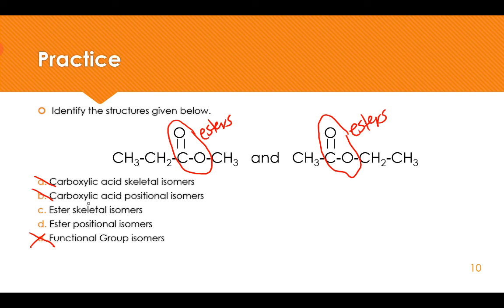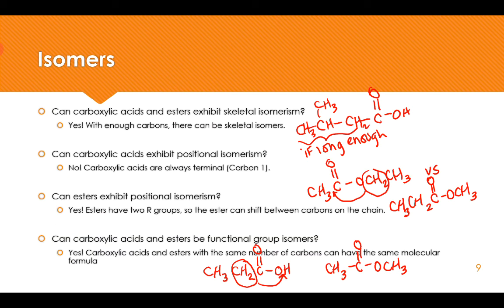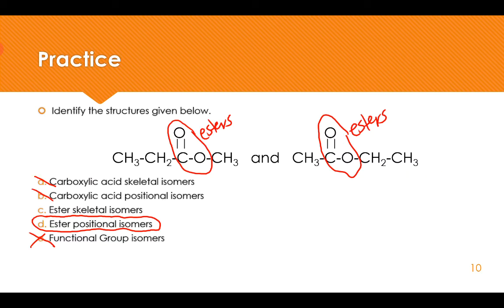Skeletal isomers have a different arrangement of the carbon skeleton, so the carbons that are connected together have to be arranged differently. So that doesn't really make a lot of sense. These are positional isomers. The ester appears like it's shifted over by 1. I think this is also the same as what I just drew on the previous slide. Yes, that is exactly what I just drew on the previous slide.